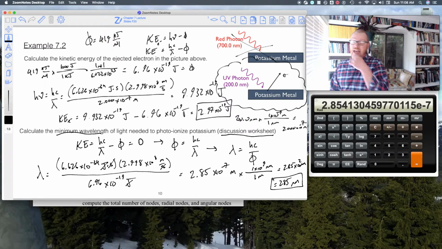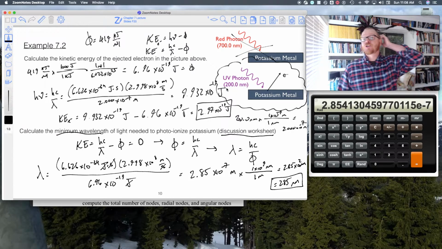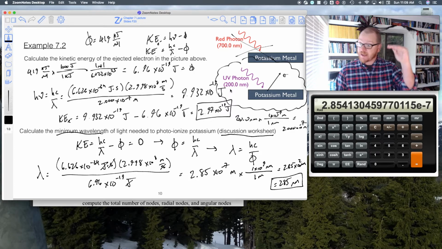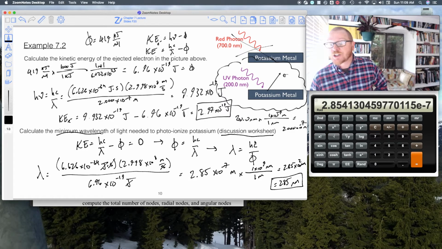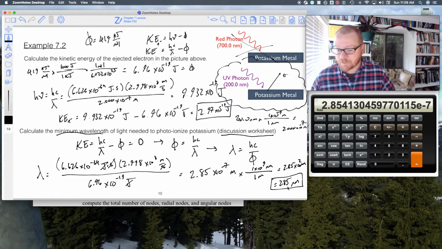And that makes good sense because when we used a 200 nanometer photon, remember, 200 nanometers is more energetic than 285. I know the number is smaller, but because it's a small wavelength, it's a big energy. So this 285 is just slightly bigger in wavelength, which means it's just slightly less energy than 200, and that makes good sense that this 285 nanometer represents a minimum.